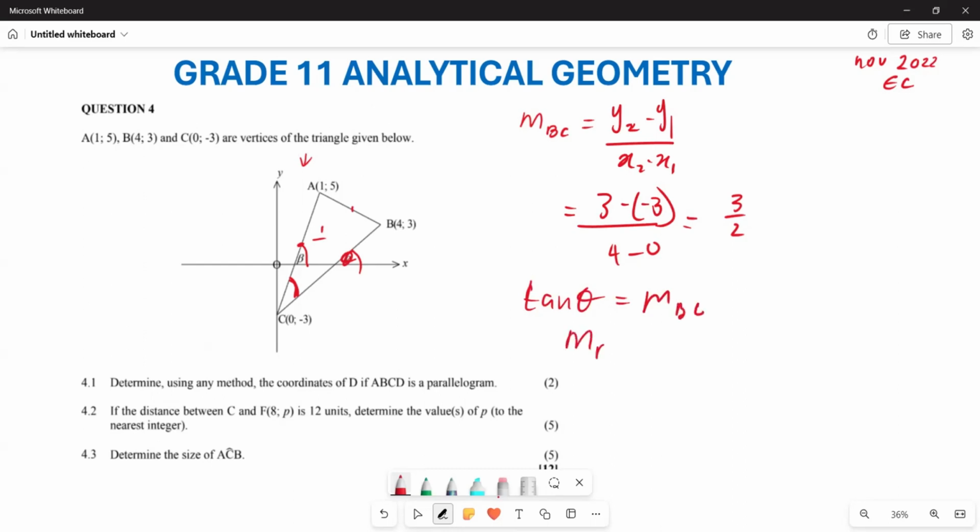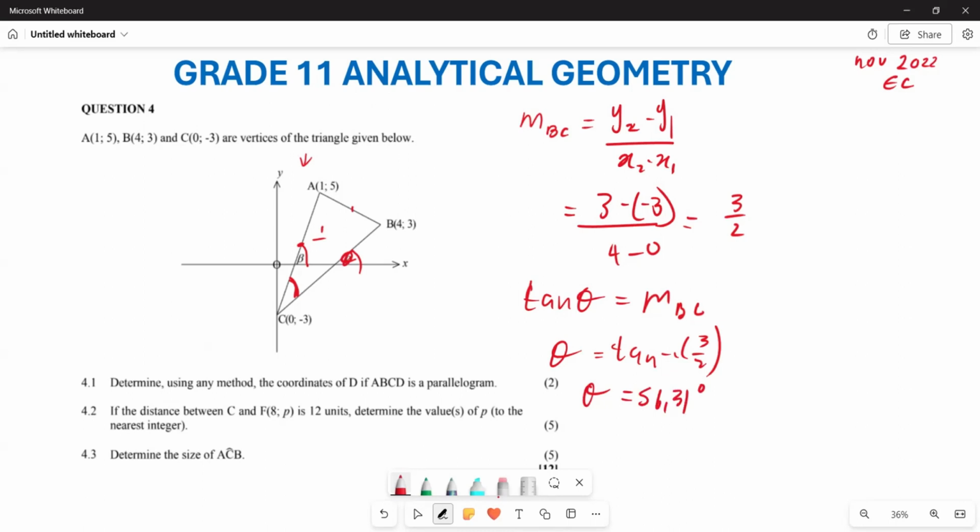Your theta is going to be same as shift tan of 3 over 2. Then the theta that you're going to have here, it's going to be same as 56,31 degrees. That's your angle of theta.